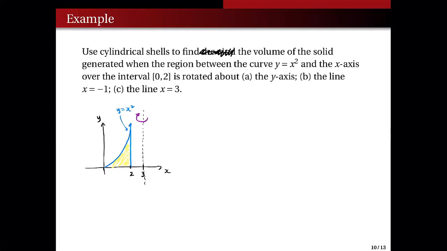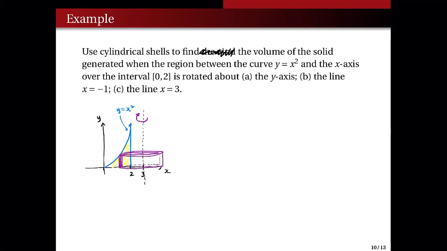Therefore, if we use shells, we still use vertical strips. Same everything as before. So after the revolution, we'll get the cylindrical shells. And then you have the hole in here for the shells.